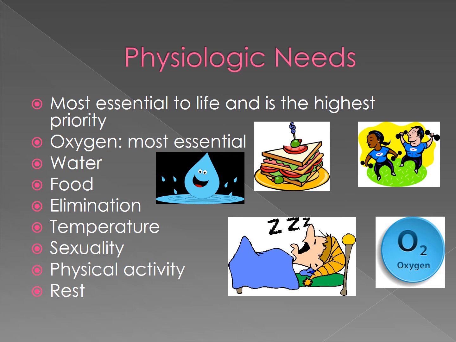So remember, if there is a question in your nursing exams, on your NCLEX exam, and the patient is missing the basic physiological needs, then you must choose that because it is the most important one of the levels. Without it, you do not require the other levels. You won't reach those other levels.